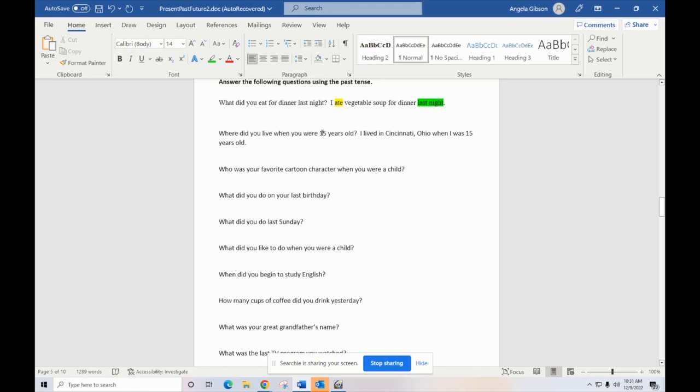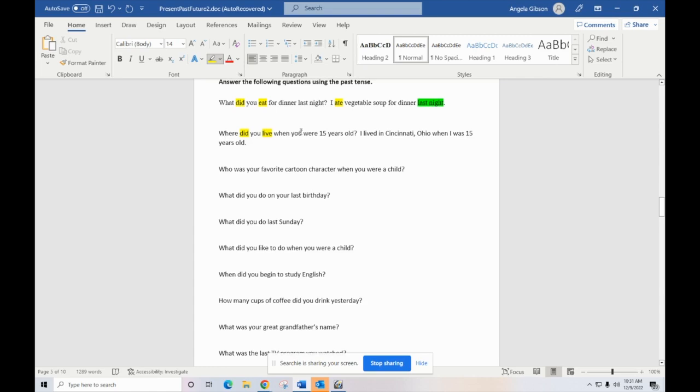If we look at the question, let's go back to these first two questions. The way that we're forming the verb in the question for past tense, we're using did and then the verb. Where did you eat? Did eat is the way we put the past in a question. Where did you live when you were 15 years old? Did live is how we're putting the verb.